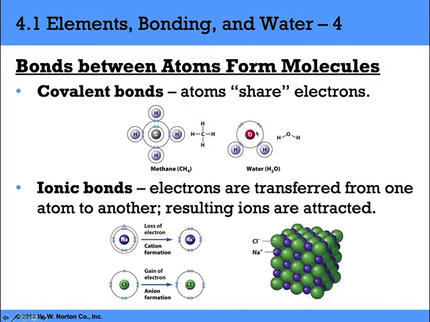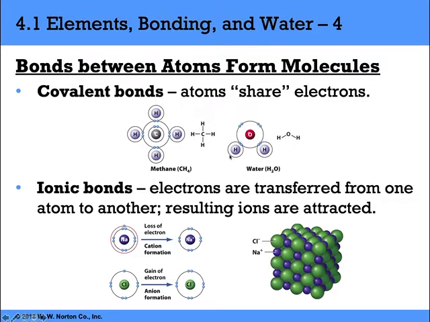Okay. Notice in every case that in the outer shell, for the reactions that we're interested in, we have 8 electrons filling up the outer shell. You can see that here for oxygen, right? 2, 4, 6, 8 for the stable compound water. You can see that here in methane, 2, 4, 6, 8 for the stable compound methane.